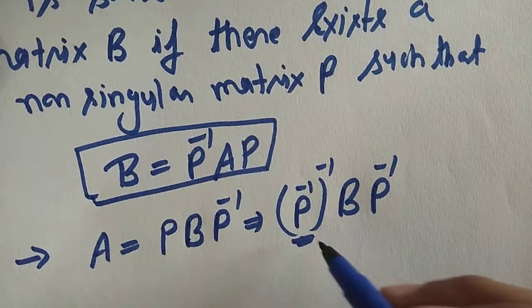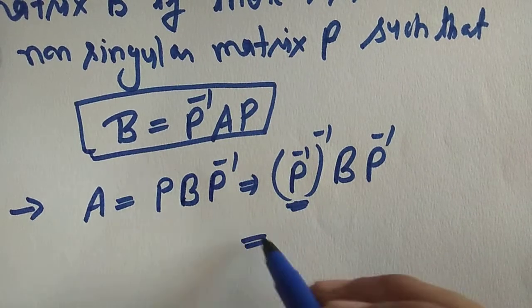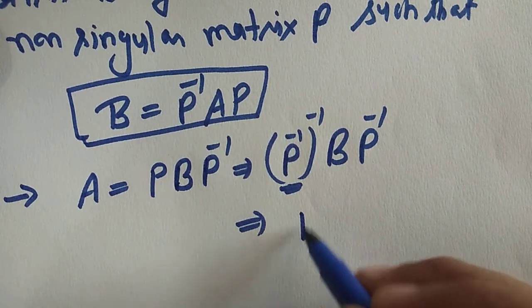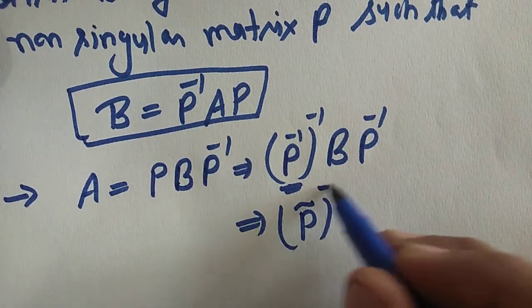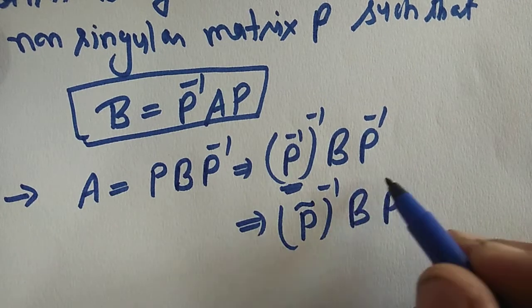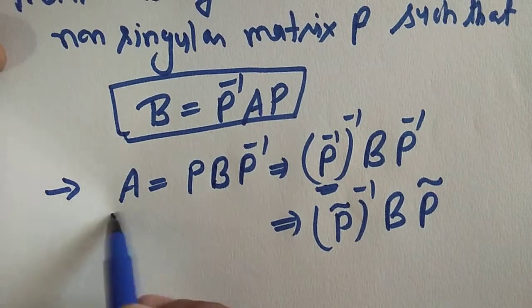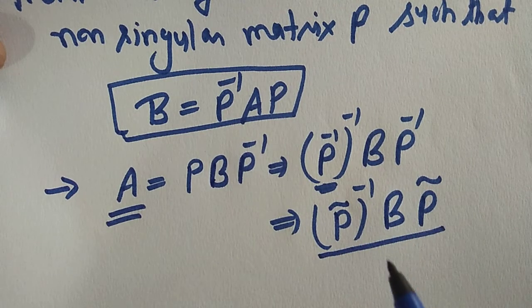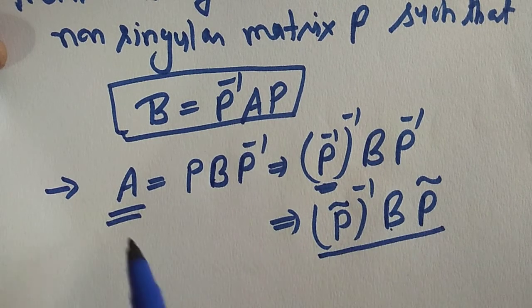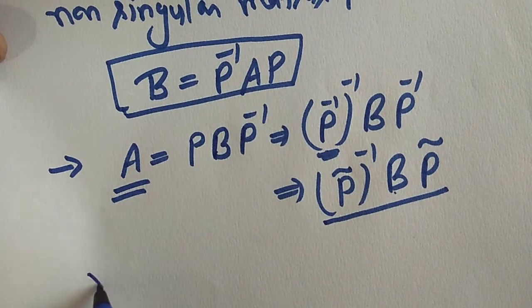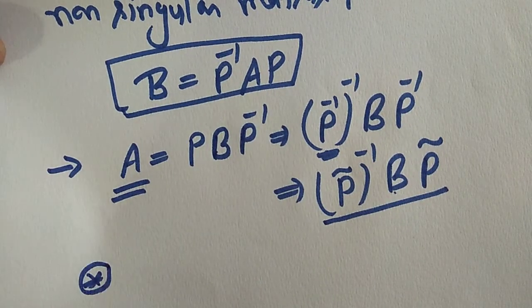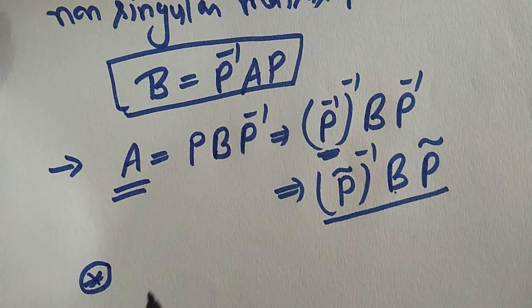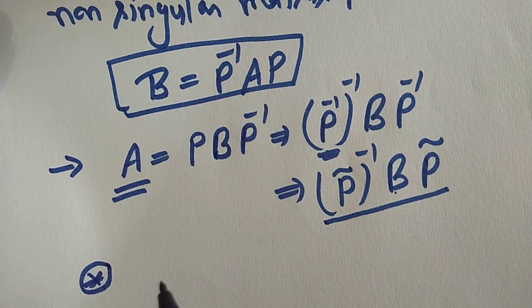If P inverse is some new matrix, say P bar, so P bar inverse B equal to P bar. So A equal to P bar inverse B P bar. Then we say B is similar to A. So whenever A is similar to B, then B is similar to A, and A and B are called similar matrices.